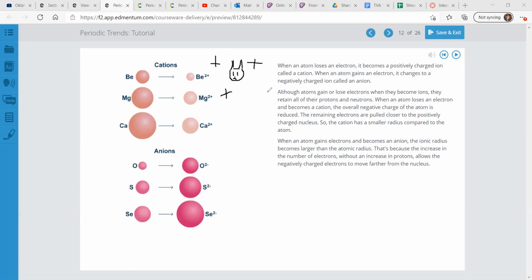And anions, think of that as my teachers said, it kind of sounds like onion. It looks kind of like an onion, and onions make you cry. So don't cut onions and don't expect to cry.